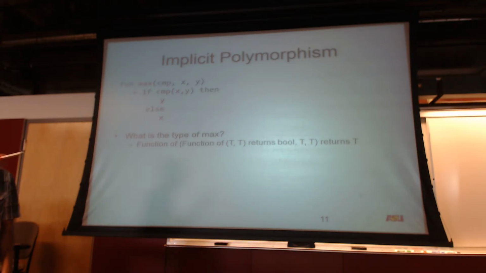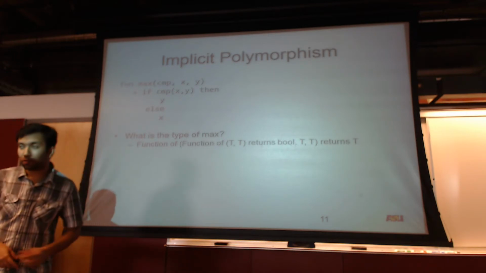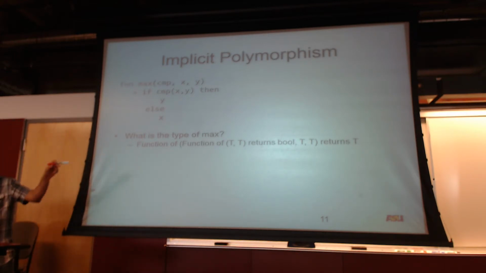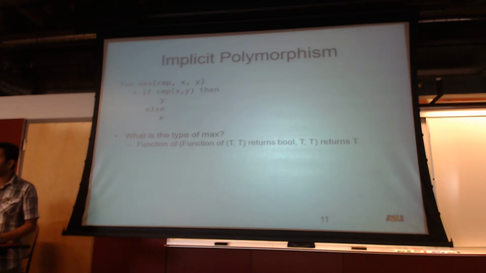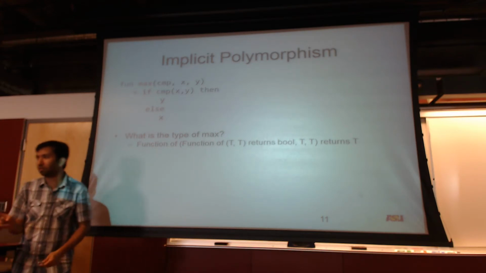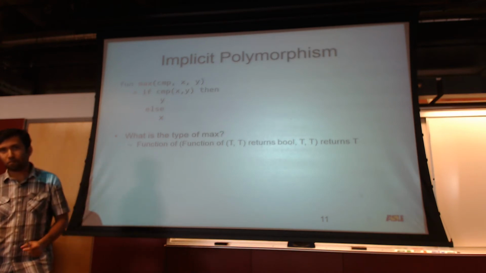Is there any confusion with the type of max? Do you understand why the type of max is that? Again, it has 3 arguments. The first argument is the function. That function takes 2 of the same type and returns a Boolean, right? And since CMP takes x and y as arguments, and they have to be of the same type, x and y in max will also have to be of the same type, right?